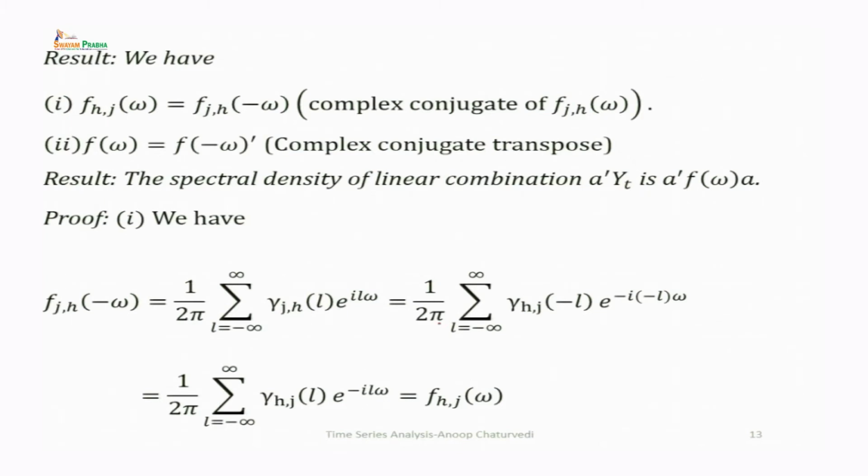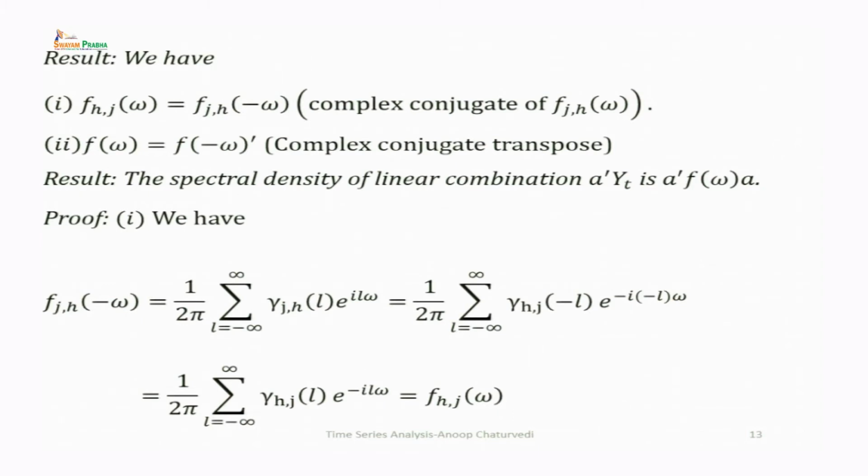Then you have 1 upon 2 pi summation over L of gamma_hj(minus L), actually gamma_jh(L) is equal to gamma_hj(minus L), and then you write here e to the power minus i (minus L) omega.